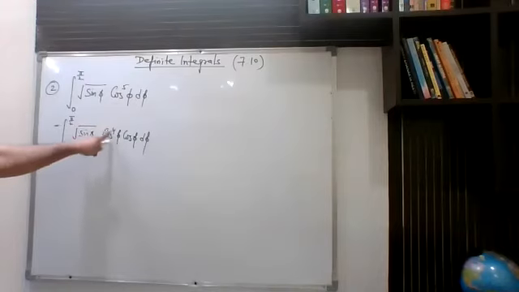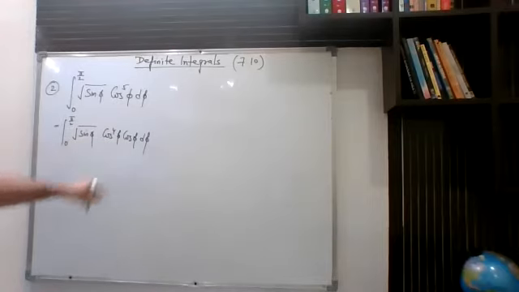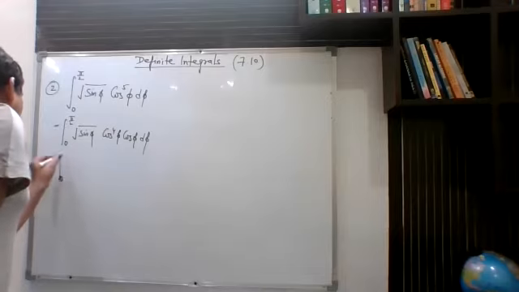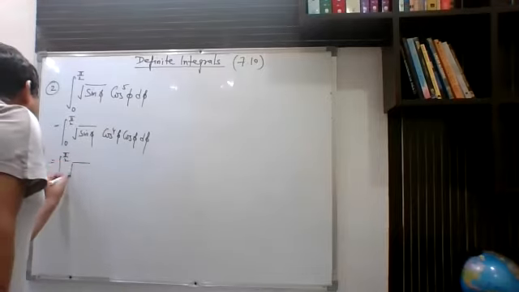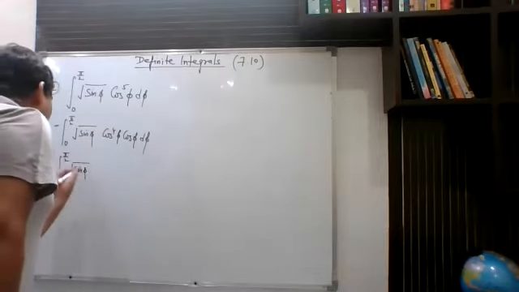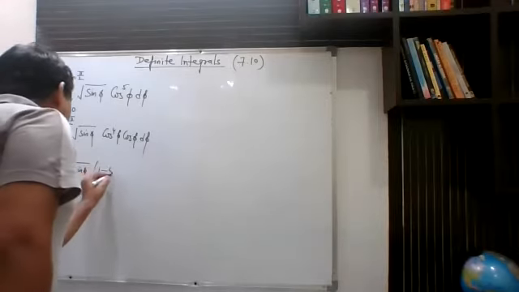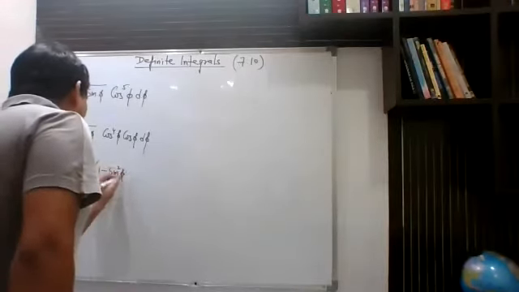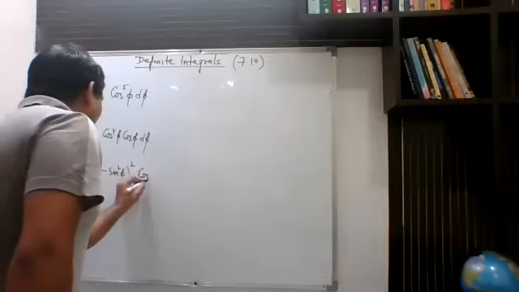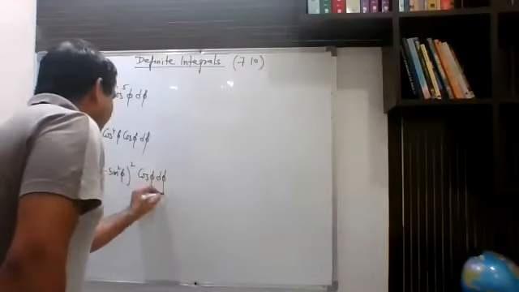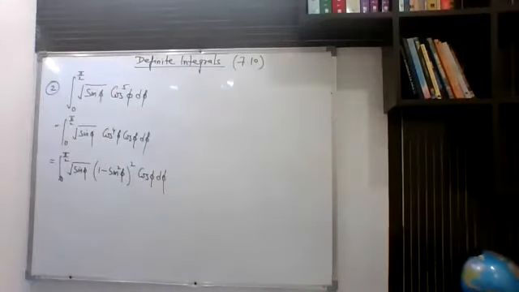Now let us convert this cos to the power 4 in terms of sine. How to do that? We will apply that class 10 identity. So this can be rewritten as (1 minus sine square phi) whole square cos phi d phi. Right? This is how we'll proceed.